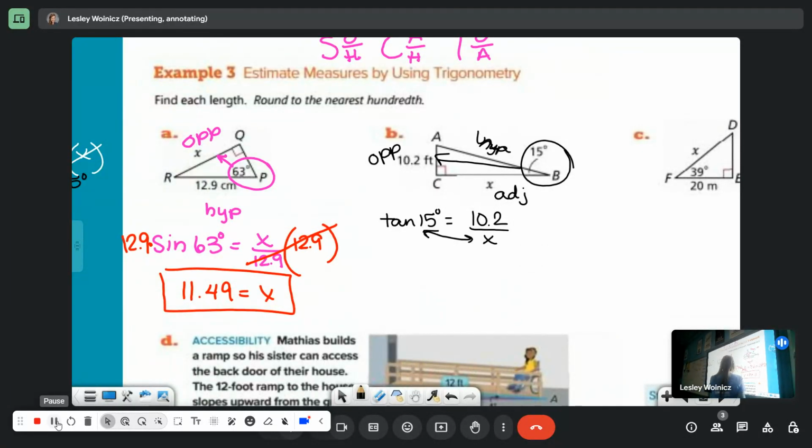Okay, so our x equals 10.2 divided by the tangent of 15 degrees. Go ahead and ask your calculator what that is.